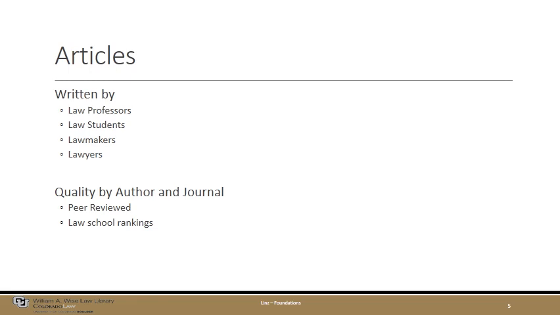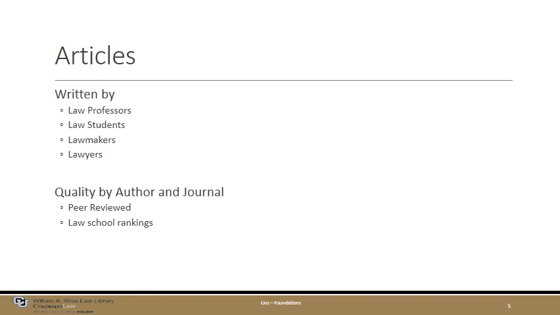When you're searching for law review articles, in addition to the authorship of the article, you also want to take into account the quality of the journal. So there is a bit of a pecking order of law school law reviews. It generally follows the ranking of the law school itself.